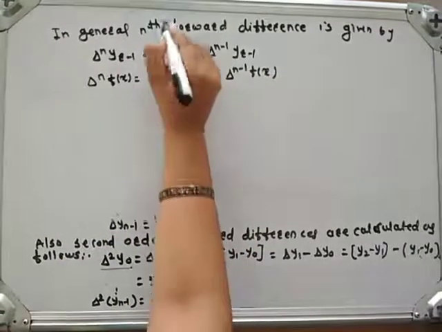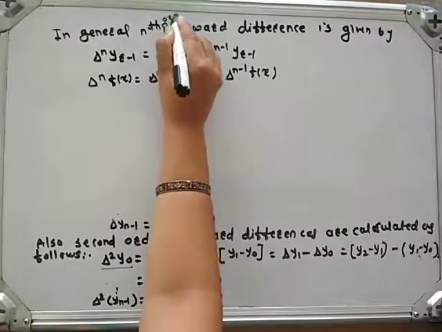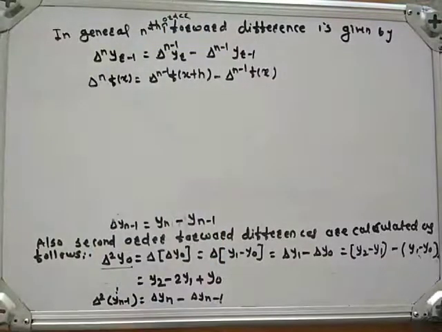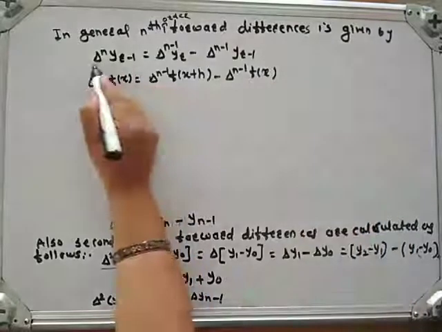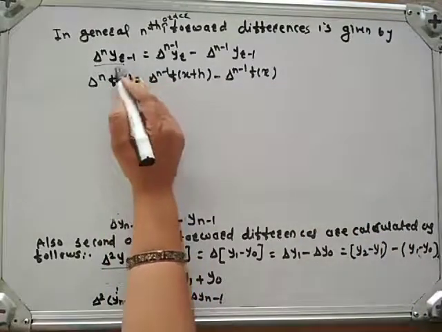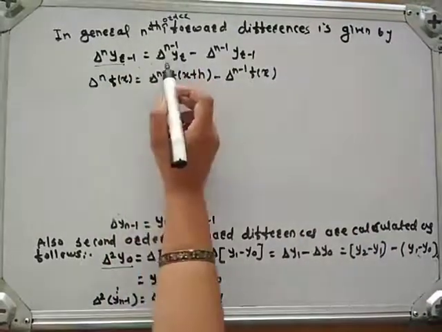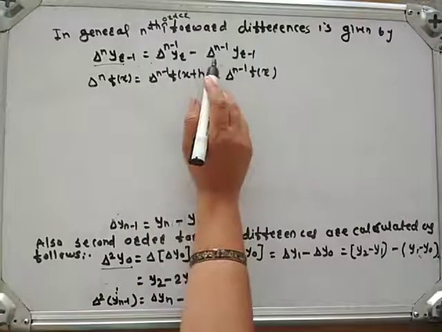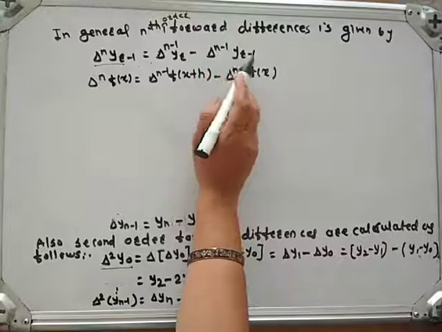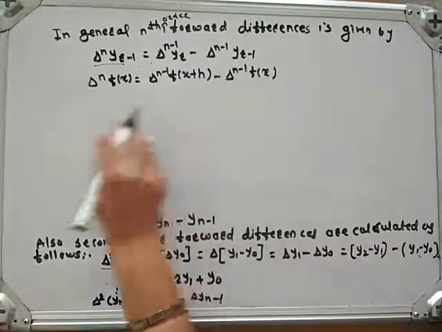In general, the nth order forward difference is given by delta raised to n y(r-1) is equal to delta raised to n-1 y r minus delta raised to n-1 y(r-1).